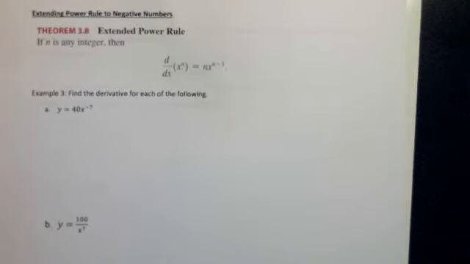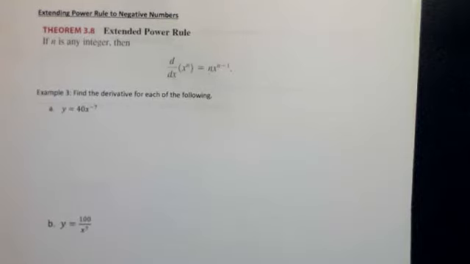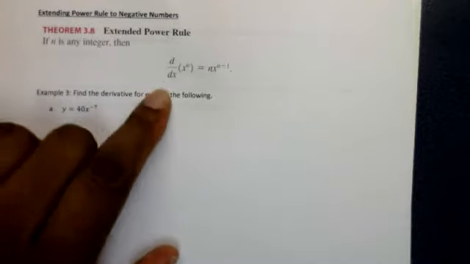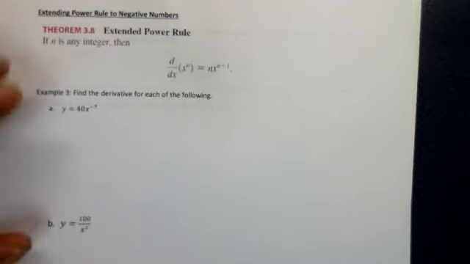Okay, now we did talk about the power rule back in section 3.3. For that video, you can watch that as well to get an idea of what that power rule is. And we only defined that for positive integers. But what about for negative integers? If n is any integer, positive or negative, then the derivative with respect to x of x to the n is going to be the same thing.